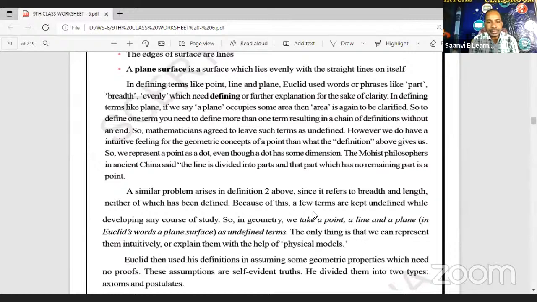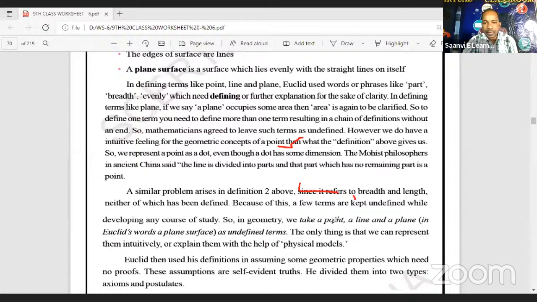So in Euclid's work, the point, line, and plane are called undefined terms. What are the undefined terms?